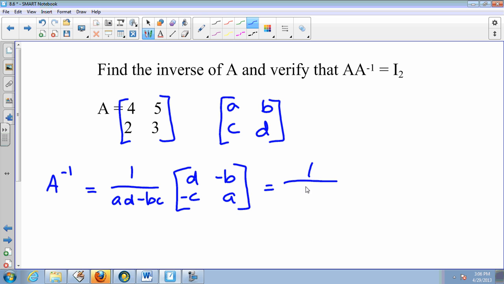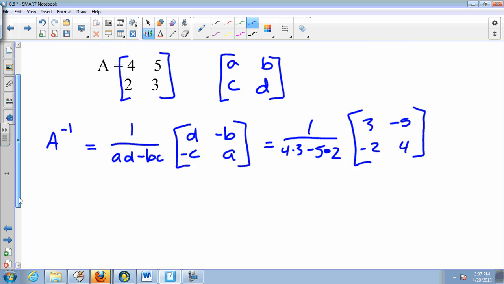So we go 1 over 4 times 3 minus 5 times 2. We're going to multiply that by 3, negative 5, negative 2, 4. So 4 times 3 is 12 minus 10 goes to 2.